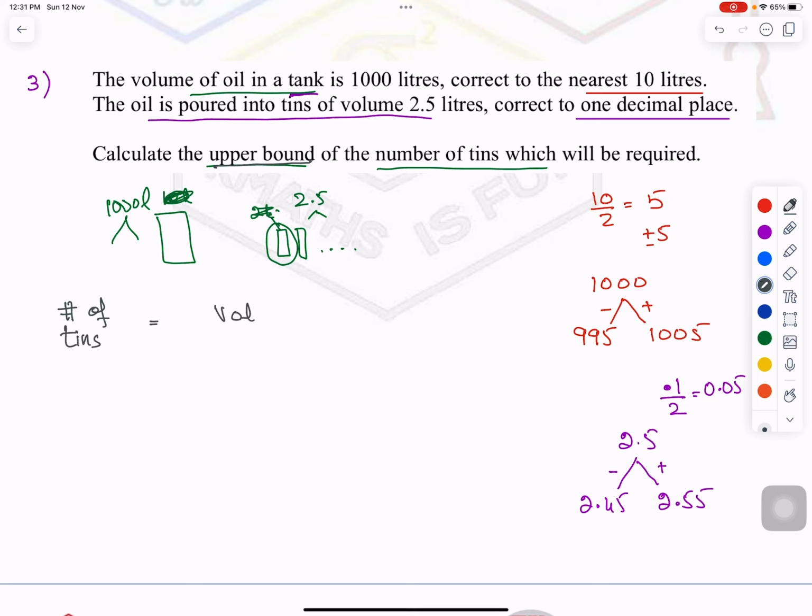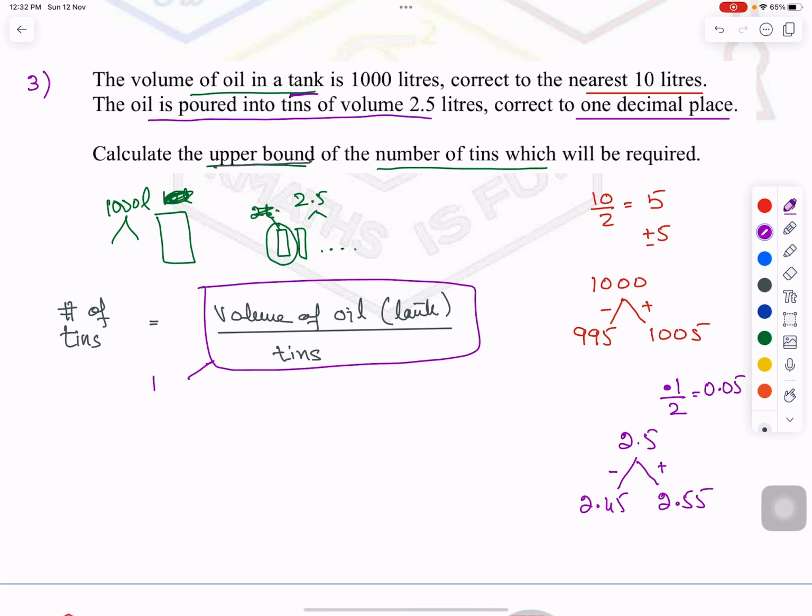So volume of oil, from where? From the tank. You will divide it by the small tins, okay? Now I will divide here, but I want the overall answer to be largest because upper bound is written here, okay?